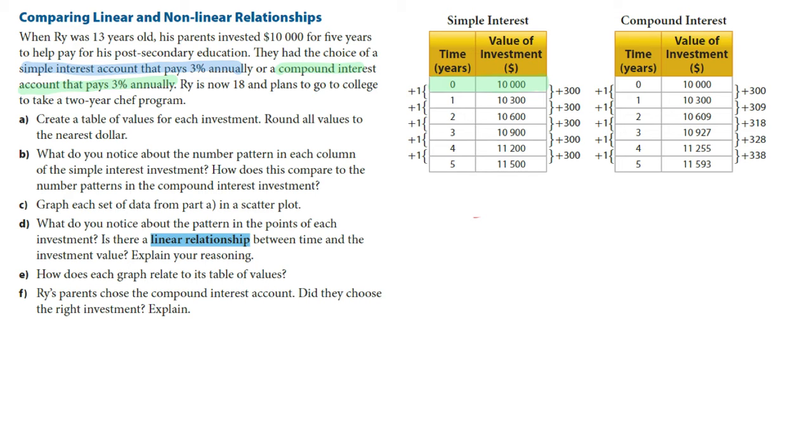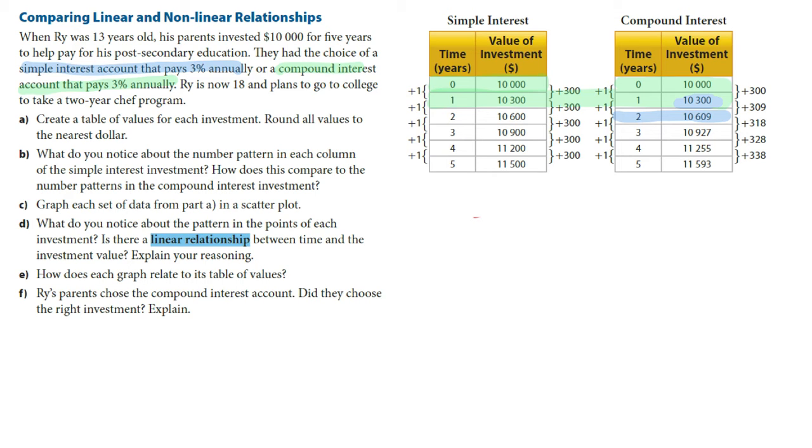Compound interest is a little bit different. So at the beginning we still have $10,000 invested, and in the first year we earn 3% of that interest. So my first year for both investments looks exactly the same. We earn that $300 interest at 3% of the $10,000. But the second year for the compound interest, we earn 3% not of the original $10,000, but of this $10,300.